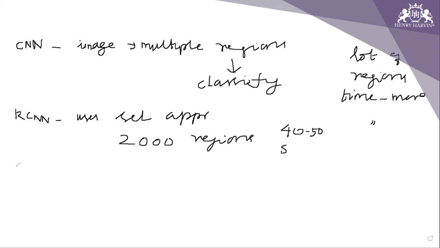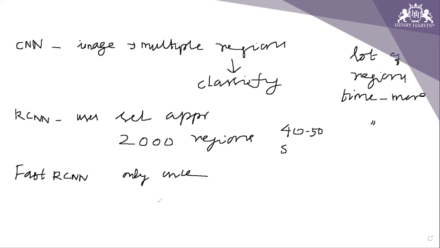Then we have seen Fast RCNN. Here each image is passed only once to the CNN and feature maps are extracted. Selective search is used on these maps to generate predictions.